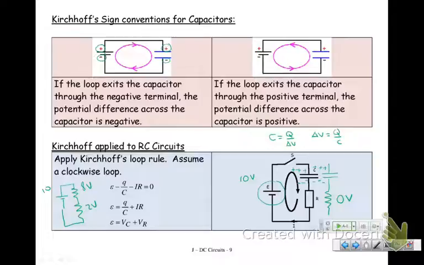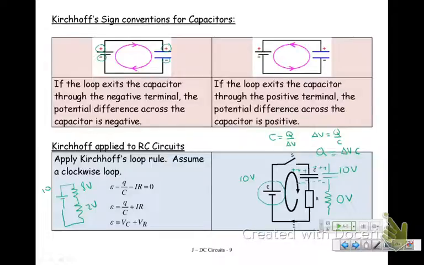And that means 10 volts is across my capacitor. And my charge is equal to delta V times C. Maximum charge.